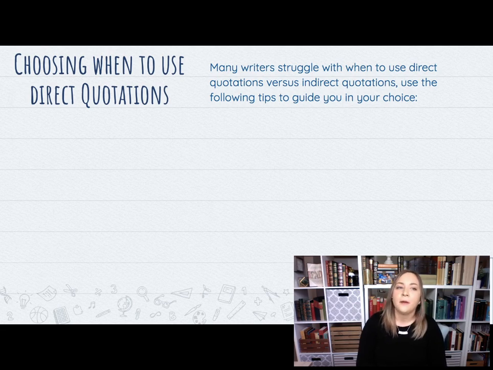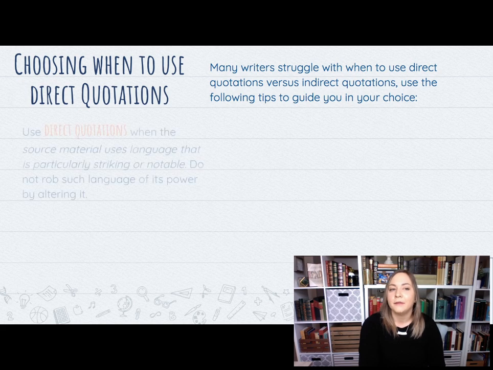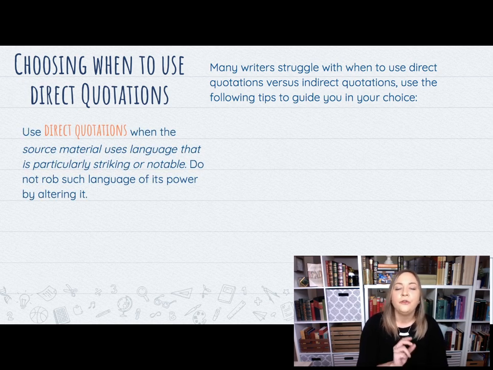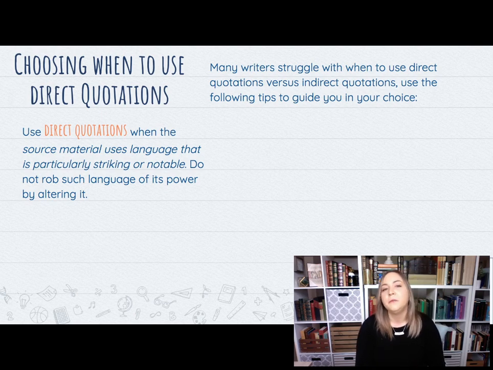But for a general rule of thumb, guys, this is how I recommend thinking about it. Use direct quotations, an exact quote, when the source material utilizes language that's particularly striking or notable. To me, that first example with Ray Bradbury was extremely striking language. I don't think I could have written it like that myself, only he could have said it that way.